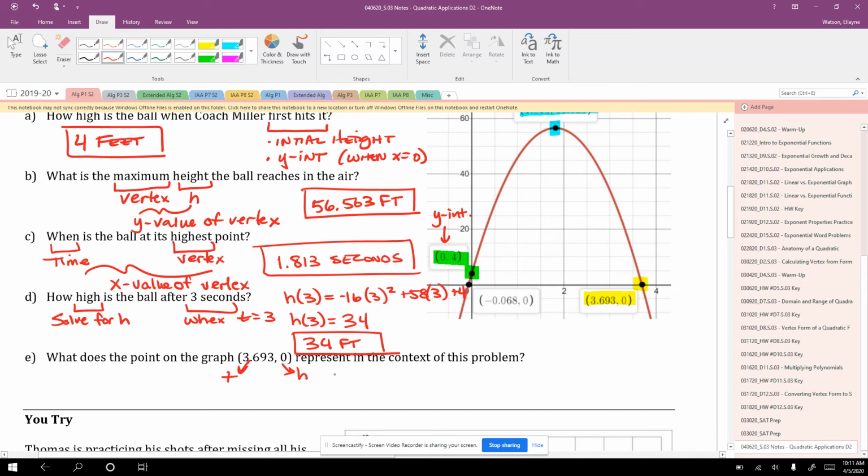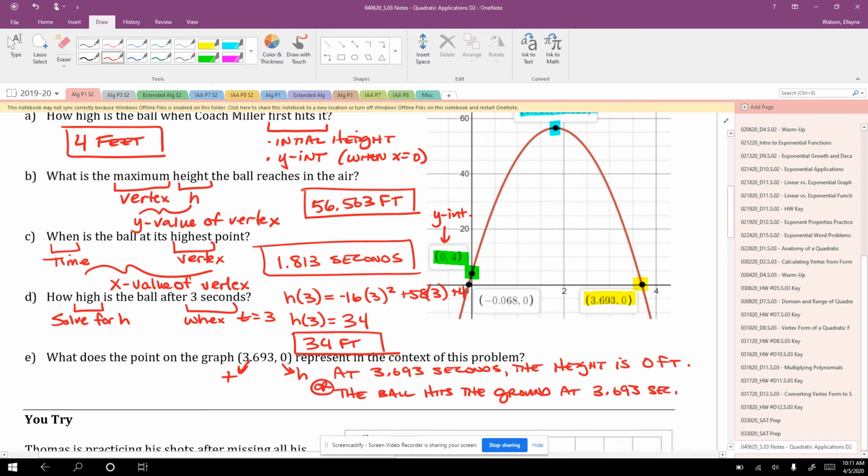So you could answer it like this: at 3.693 seconds, the height is 0 feet. Another way you might be thinking about it, going a little further, what does that really mean? The ball hits the ground at 3.693 seconds.